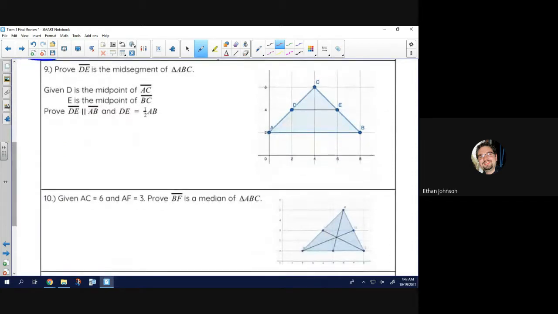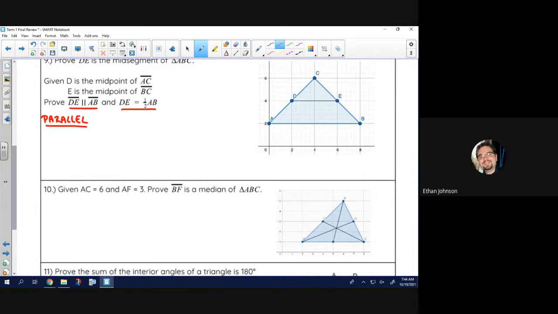Nine, prove DE is the mid-segment of triangle ABC. So there are two things that we need to show on this. We need to show DE is parallel to AB, and DE is half of the length of AB. So, parallel, meaning we need slope.